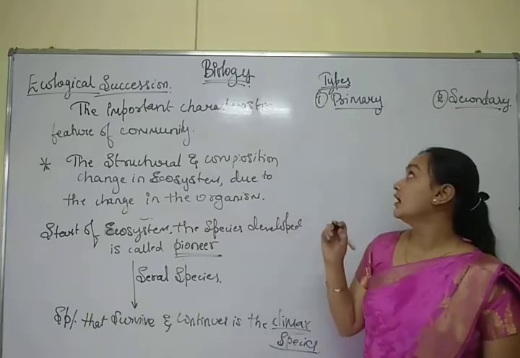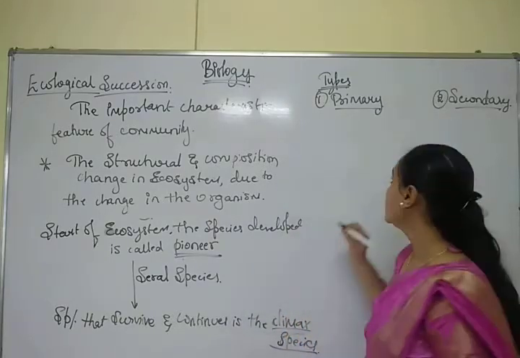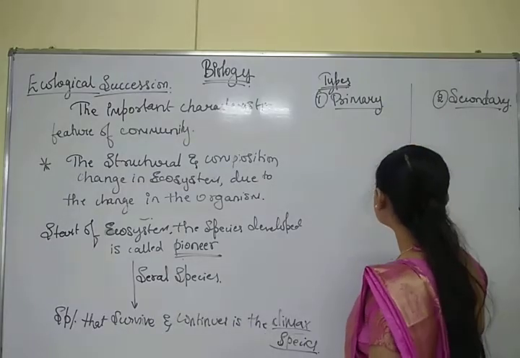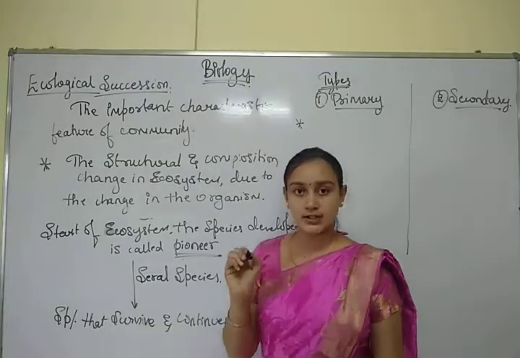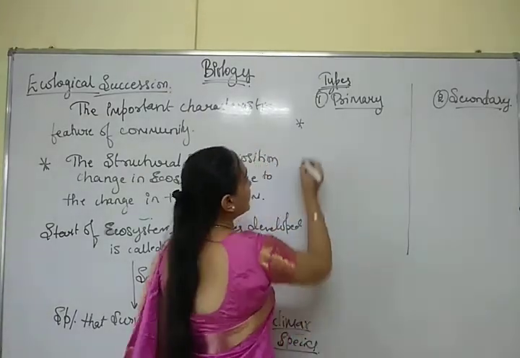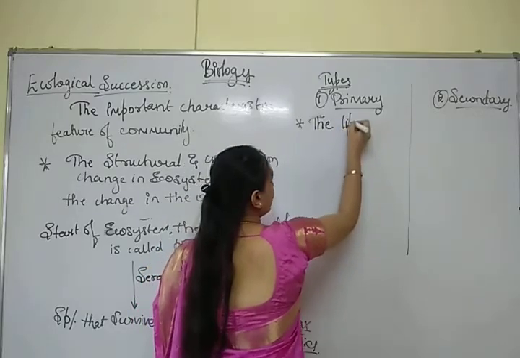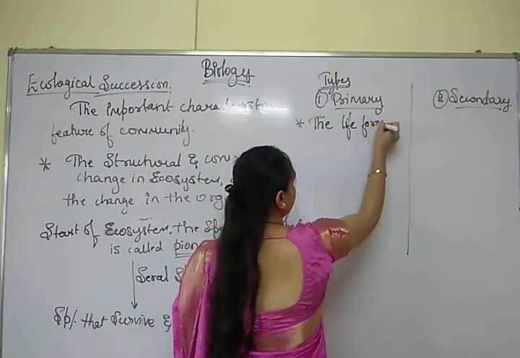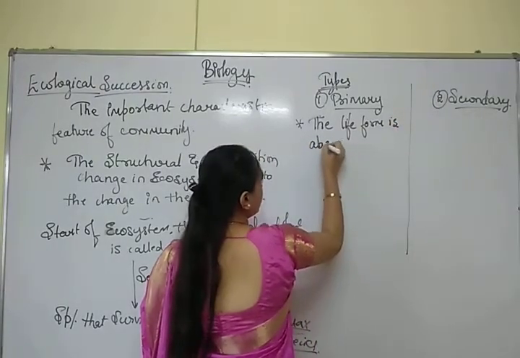In primary and secondary ecological succession, we should understand by differentiating them. Primary ecological succession means the life form is absent.